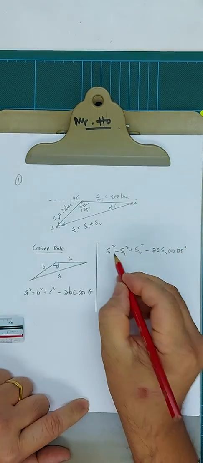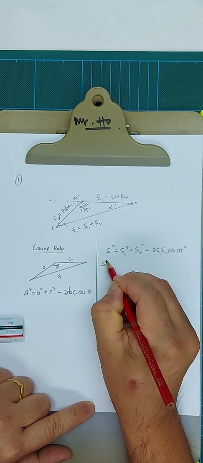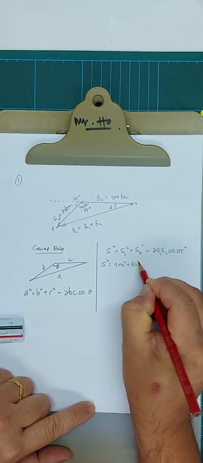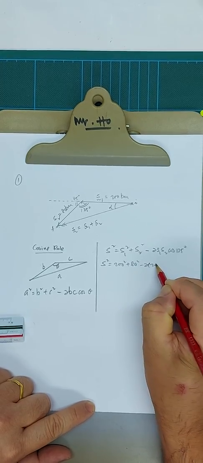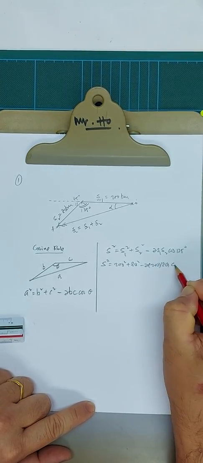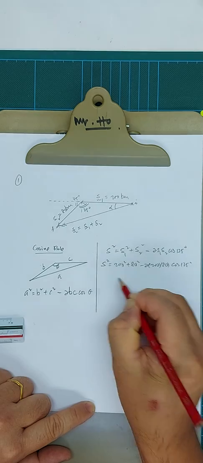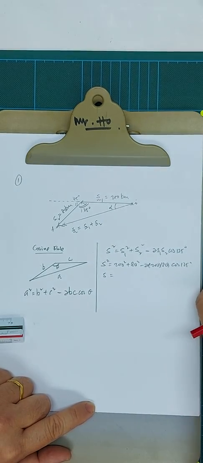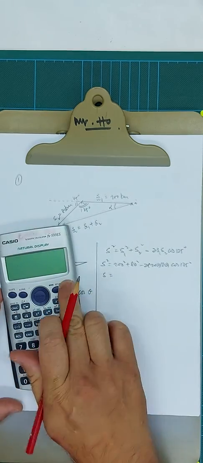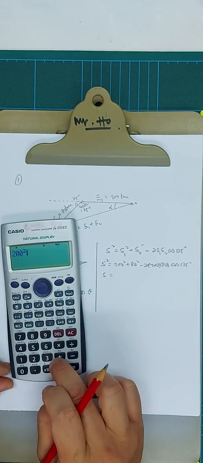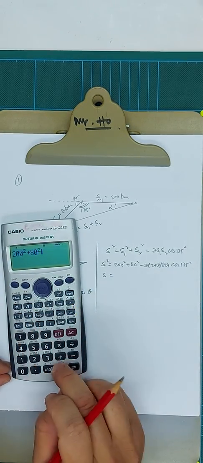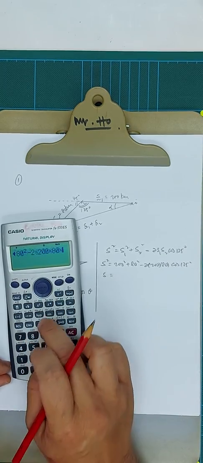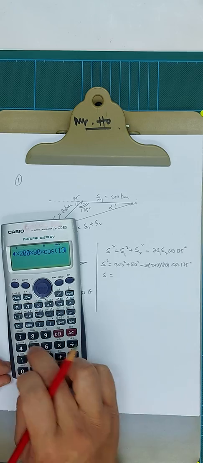We put in the values: 200 square plus 80 square minus 2 times 200 times 80 times cosine 135.